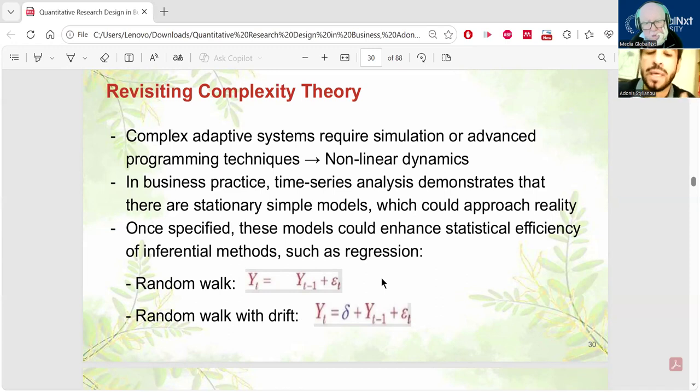Random walk simply means we start with a model which gives us information about how much our sales this year depend on last year's sales. And then we have the epsilon term, which represents unobserved variables, unobserved factors. For example, nowadays we have the oil prices characterized by a very high variation. This is included here. It's something we cannot predict. It's exogenously given.